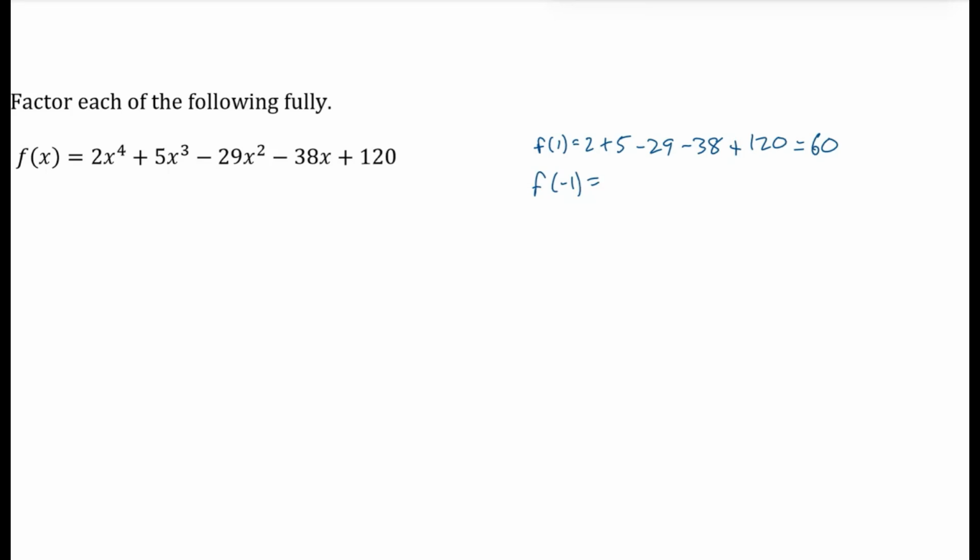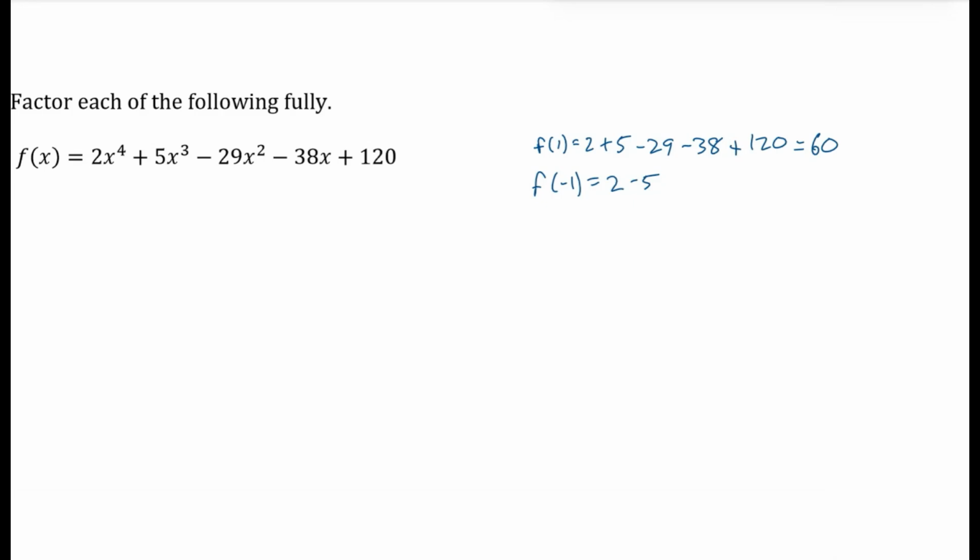Negative 1 to the 4th is? Positive 1 times 2 is 2. Negative 1 cubed is? Negative 1 times positive 5 is minus 5. Make sure you're following this because this is important.